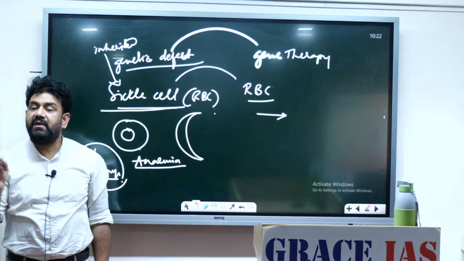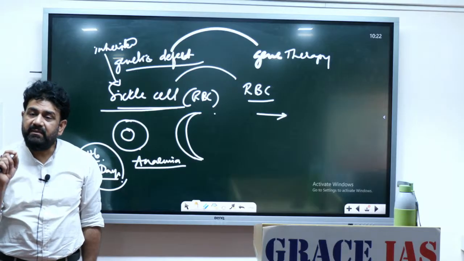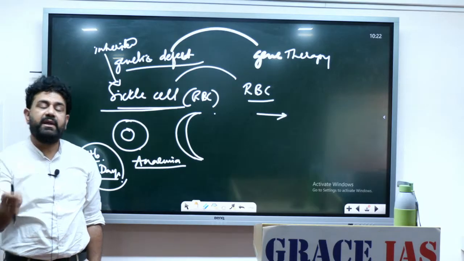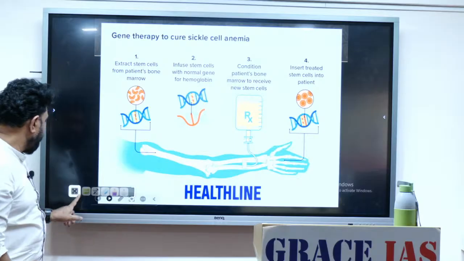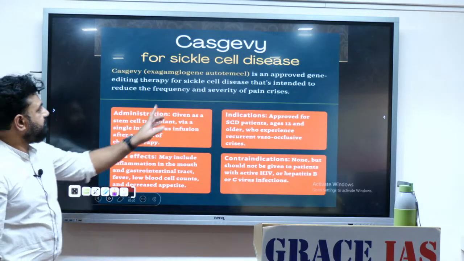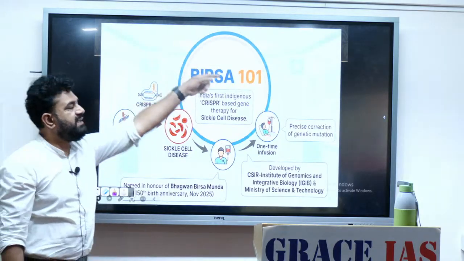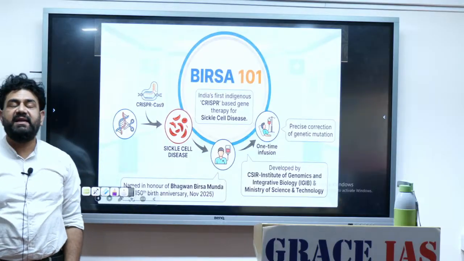Hence, if at all there is someone who needs immediate gene therapy treatment, it is tribals in India. How can you say? Why are you saying that? Because look at the recent development. Birsa 101. It could be the next potential question.